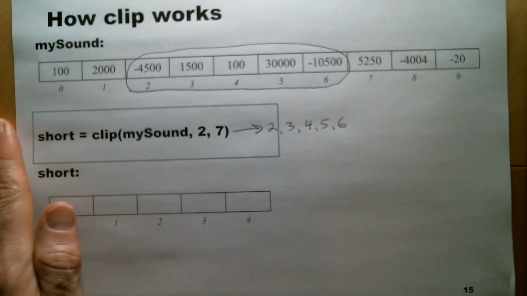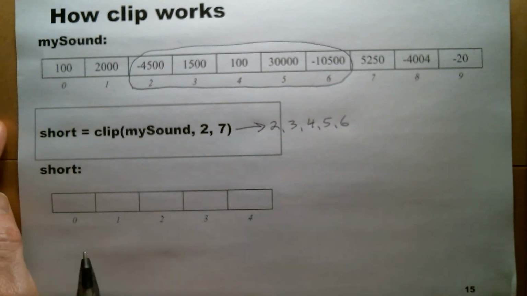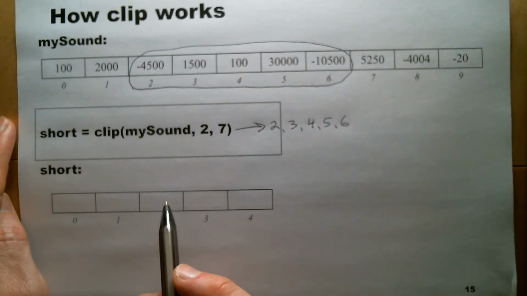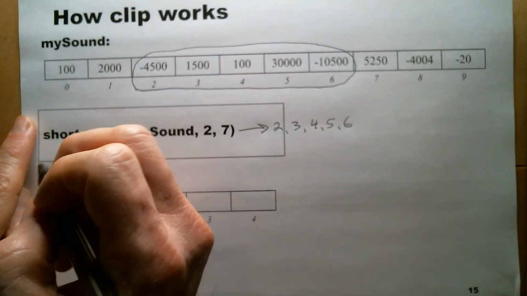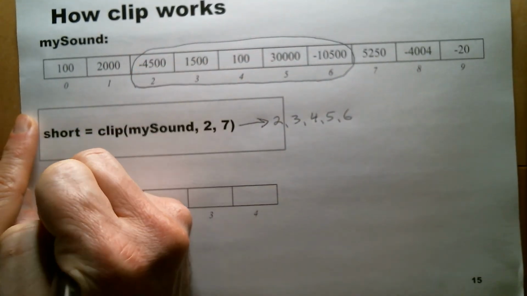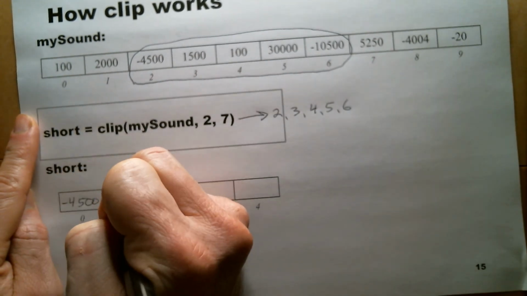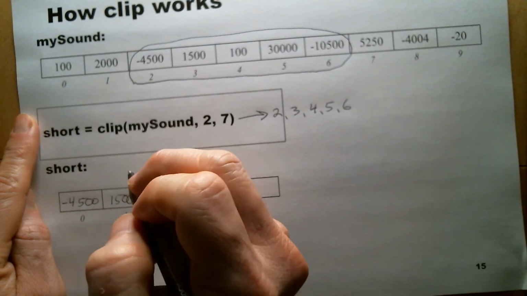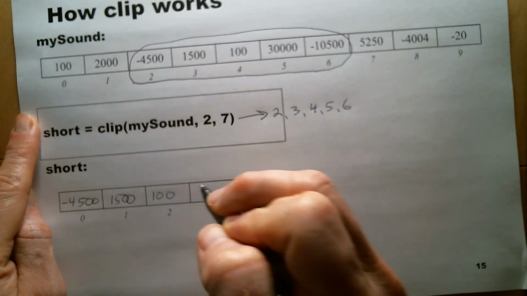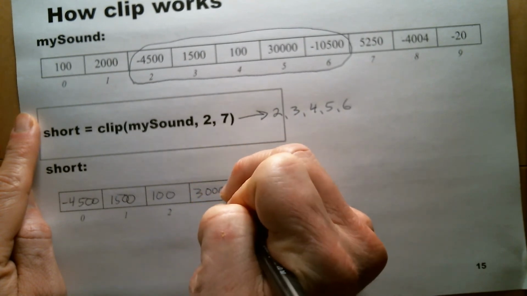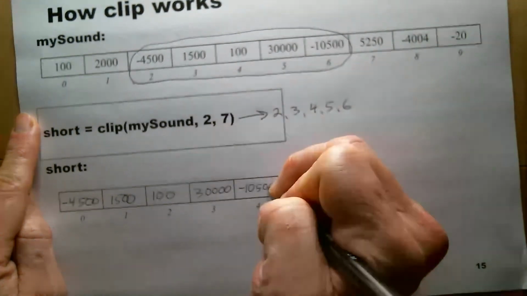And then it's saving it into short. So short is going to be this new sound object that only has these 5 measurements. It's basically going to put the first one in here. So the negative 4,500 is going to go in here. The positive 1,500 would go in here. The positive 100 would go in here. The positive 30,000 would go in here. And the negative 10,500 would go in there.